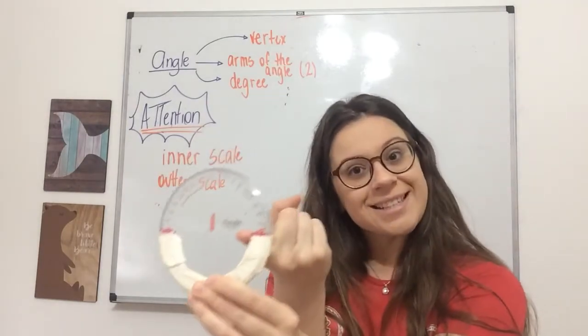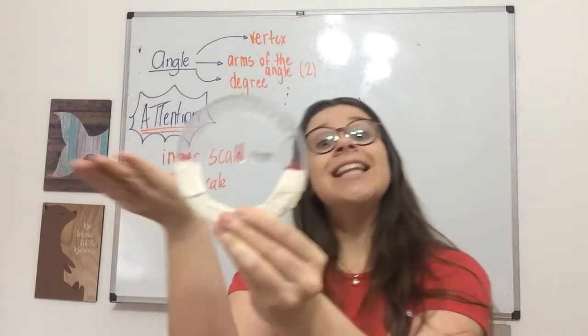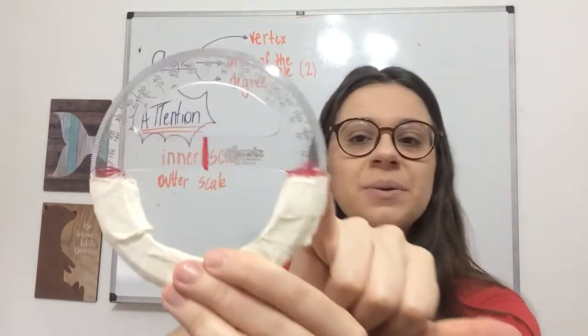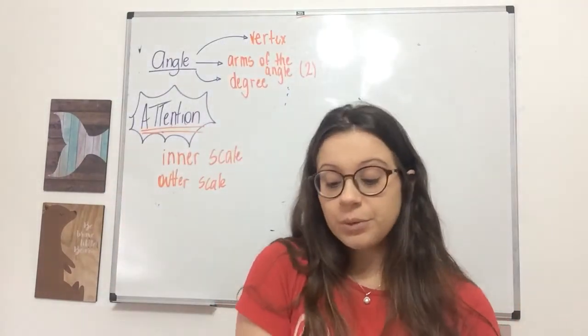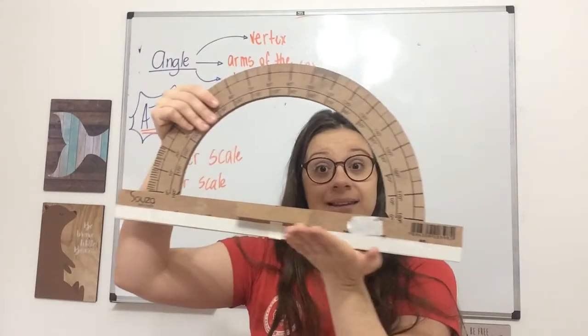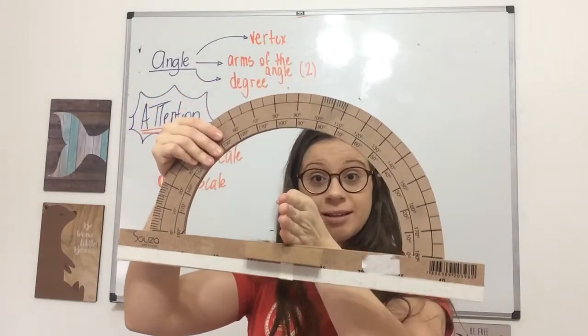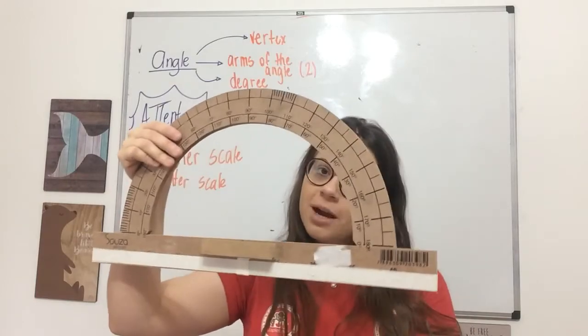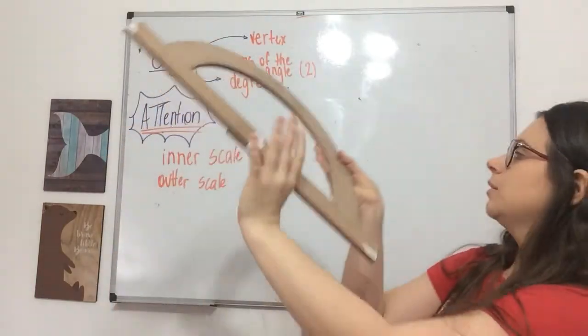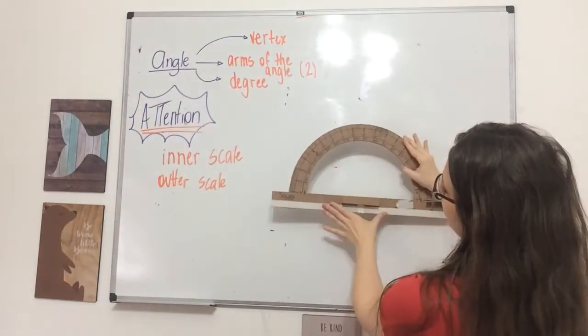And this baseline is lined with the zero. So we are going to use the baseline of your protractor to build the vertex and one of the arms of the angle.